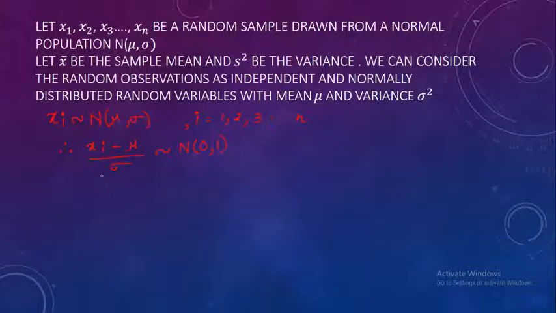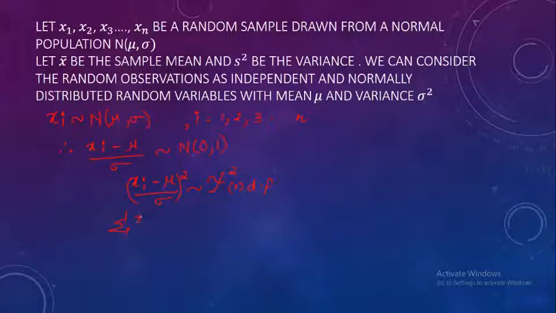Also, when I square this term, that is xi minus mu divided by sigma the whole square, what does this follow? Yes, this follows a chi-square distribution with 1 degree of freedom. And what about this one?